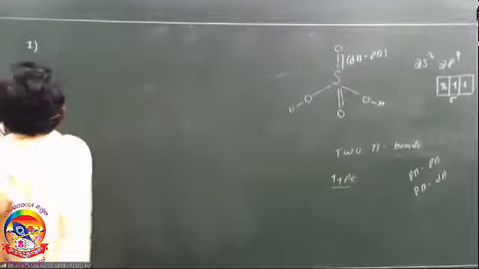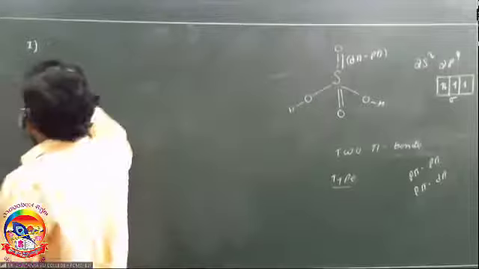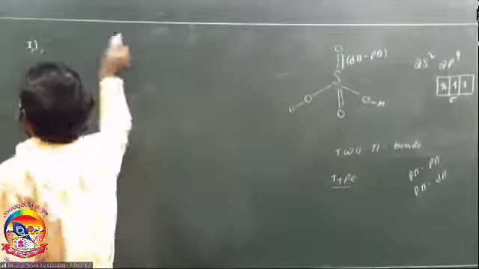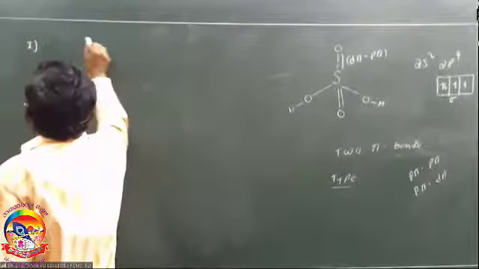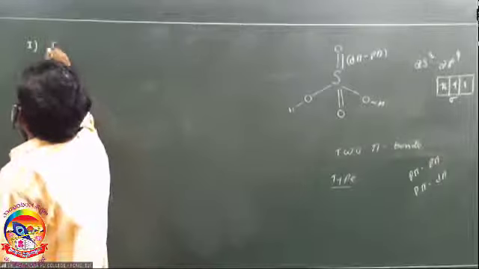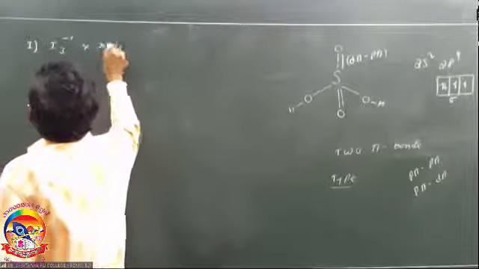Here, first set. Among the following, identify the set of species that are isostructural. First one: I3 minus and XeF2.